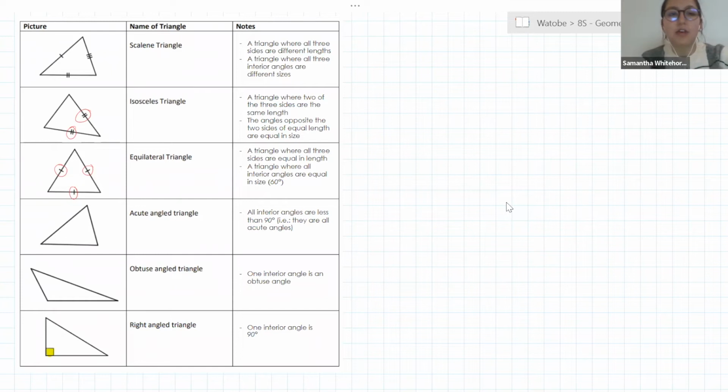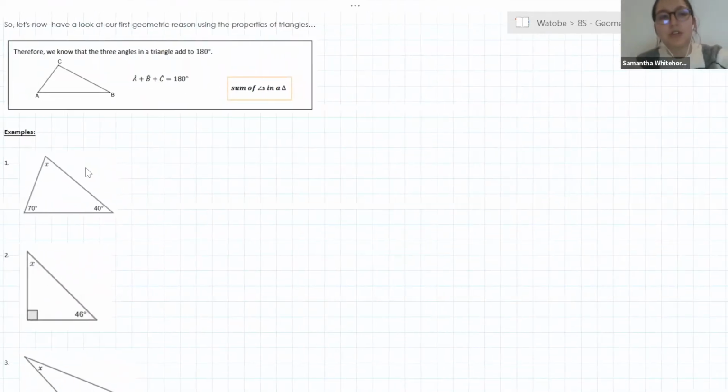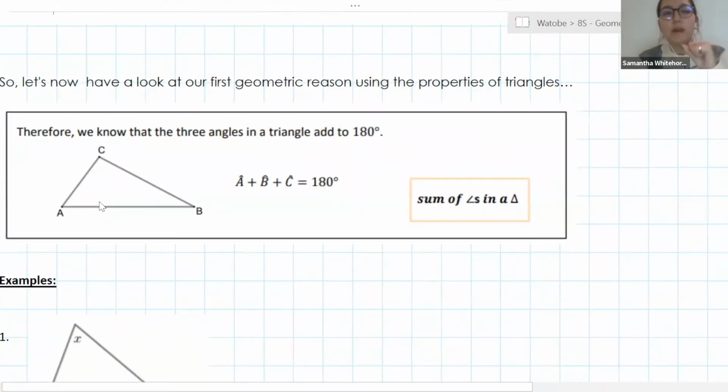Okay, guys, so the very first reason we're going to work with in triangles is the fact that when I add up the interior angles in a triangle, I should get 180 degrees.